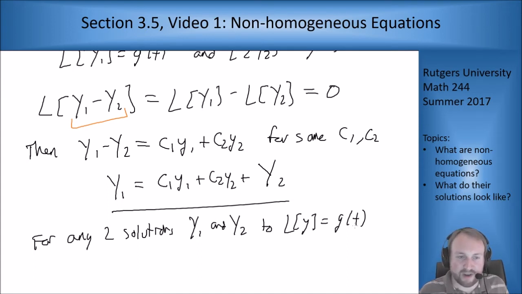What this means for me is if I can find any one solution to L of y equals g, then I know how to get all other solutions to L of y equals g, and that's just by adding a solution to the homogeneous problem.